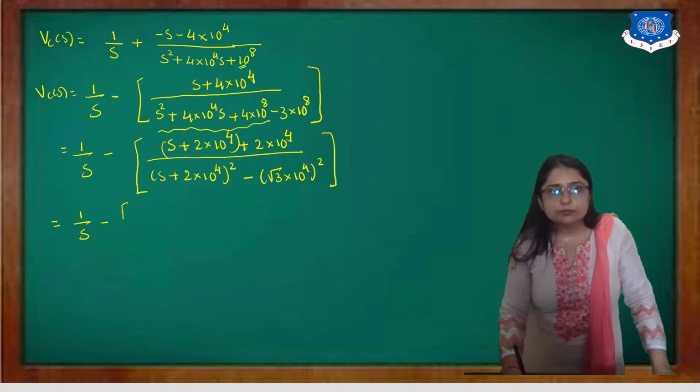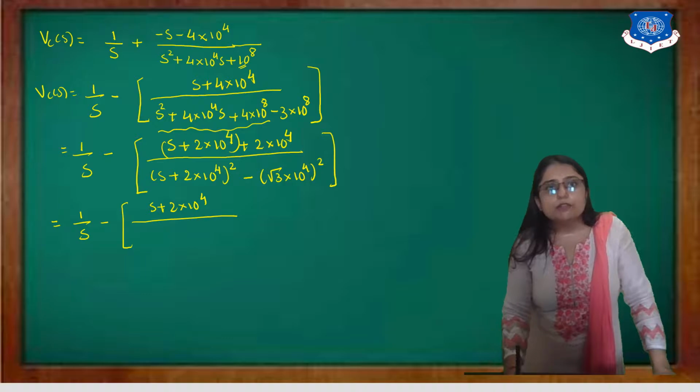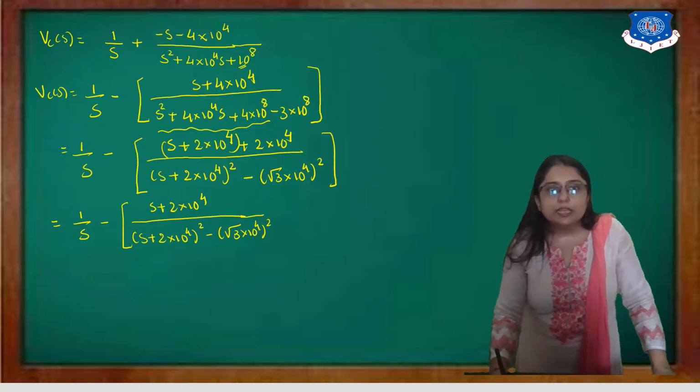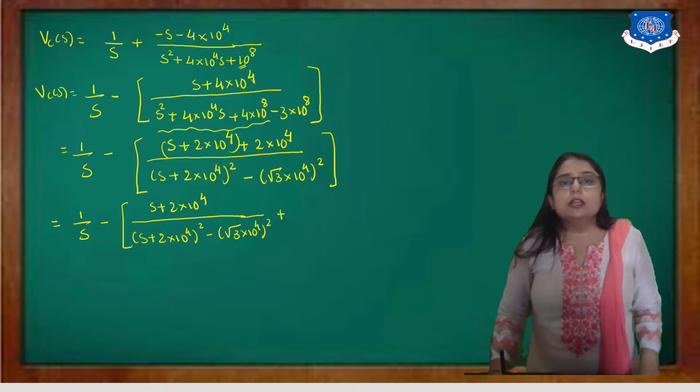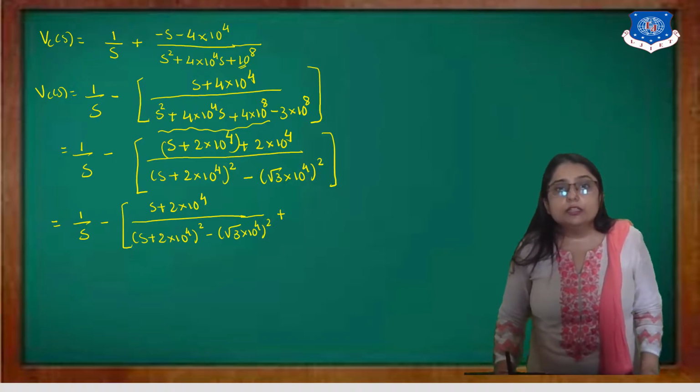Now this term, that is (s plus 2 into 10 raised to power 4) divided by (s plus 2 into 10 raised to power 4) whole square minus (root 3 into 10 raised to power 4) square. And then I'm just writing plus, here what I require, this is constant 2 into 10 raised to power 4.